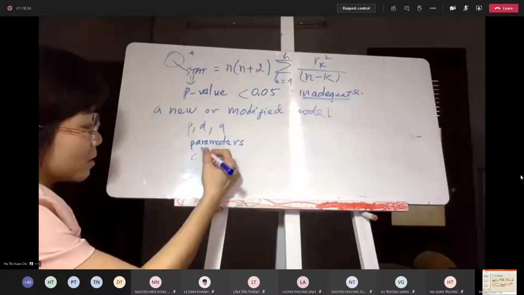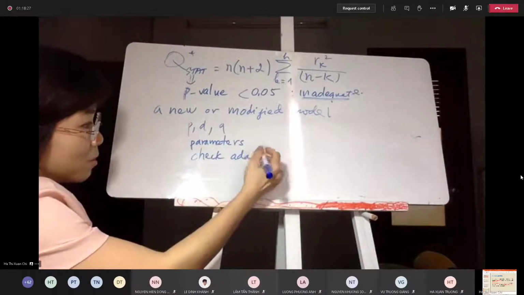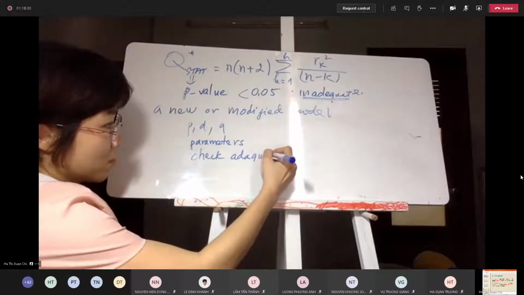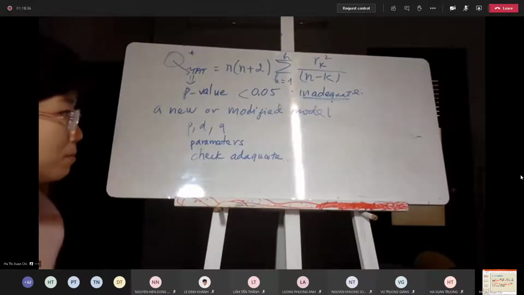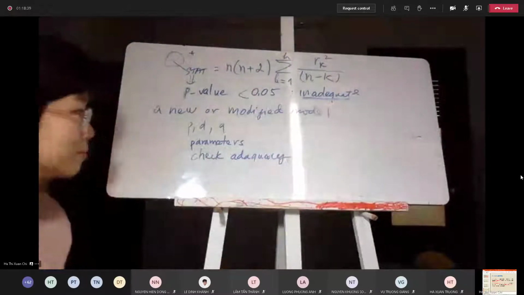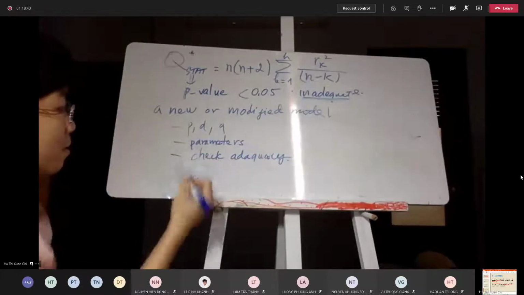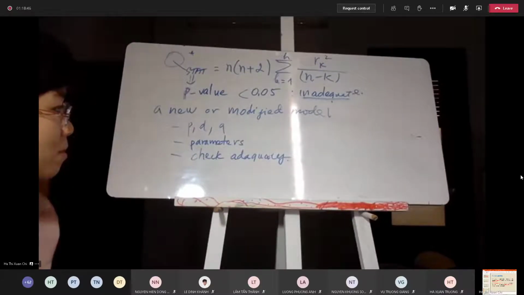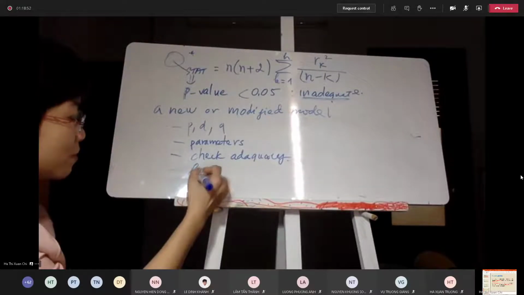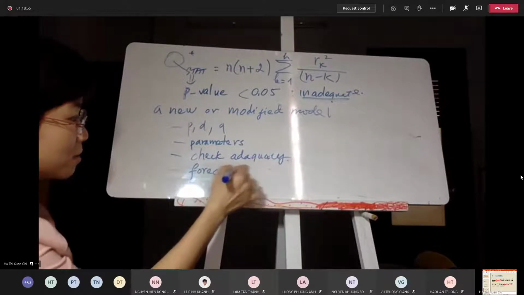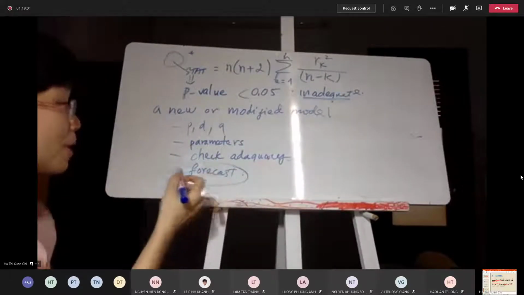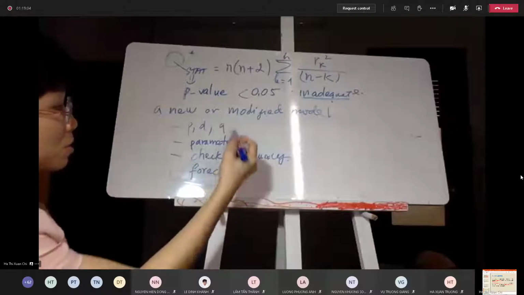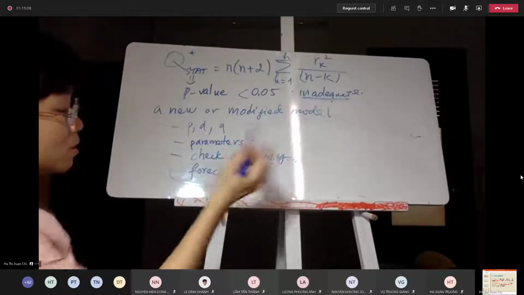After that, you check the diagnostics. The fourth step is forecasting. Forecasting we already know, so I don't mention it in this procedure. I just mention three procedures here.